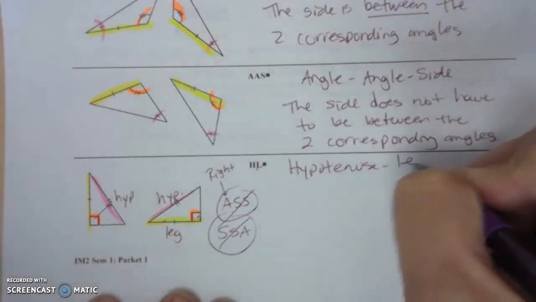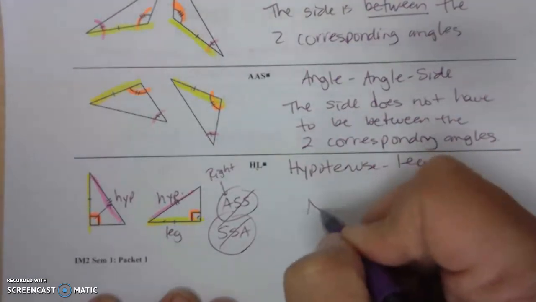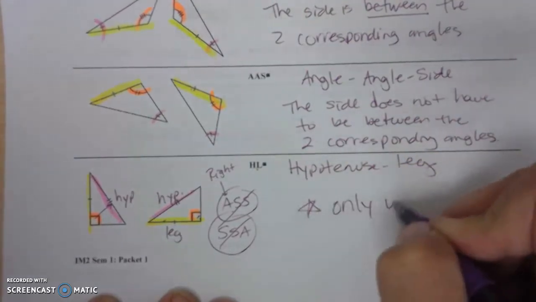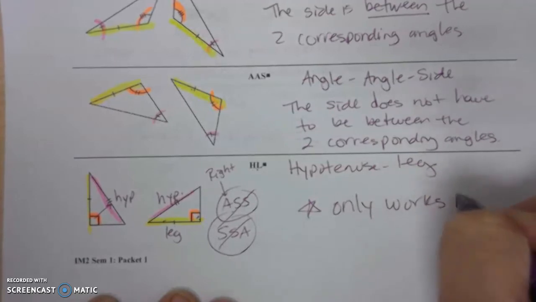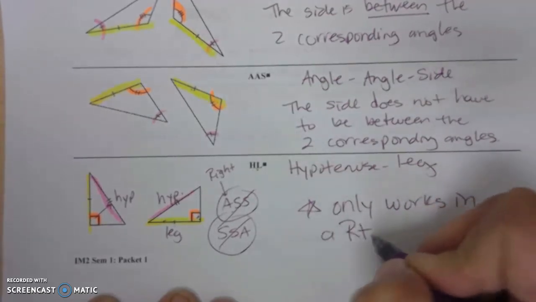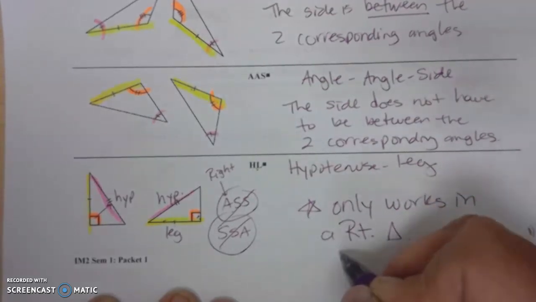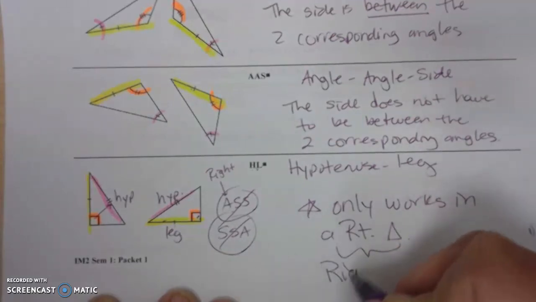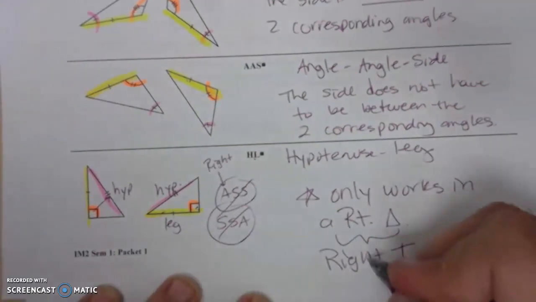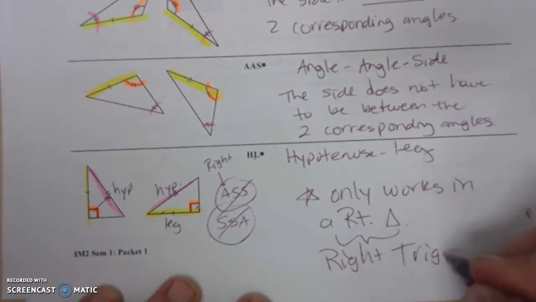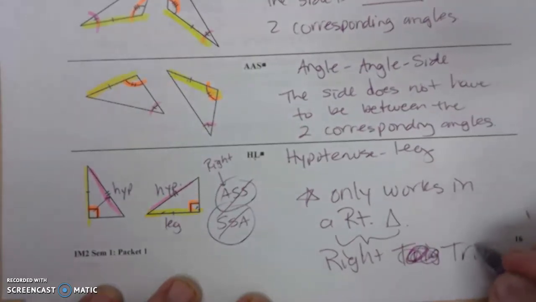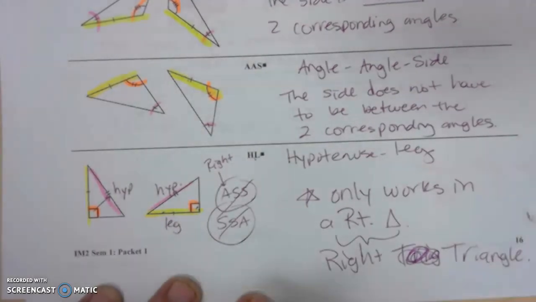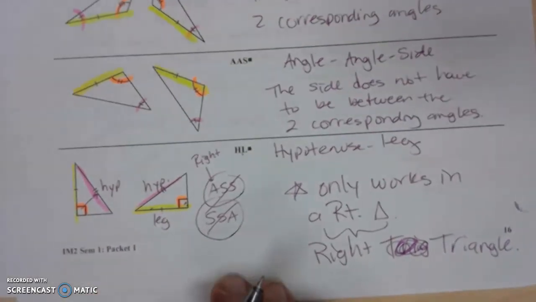Hypotenuse leg. Okay? But notice this only works in a right triangle. I guess I'll write this out. Right triangle. It only works in a right triangle.